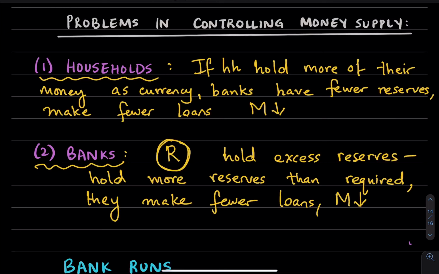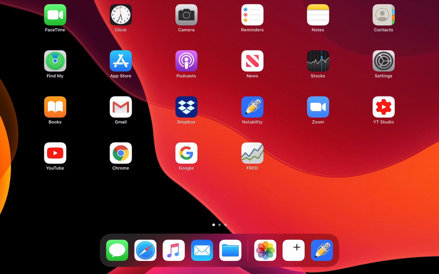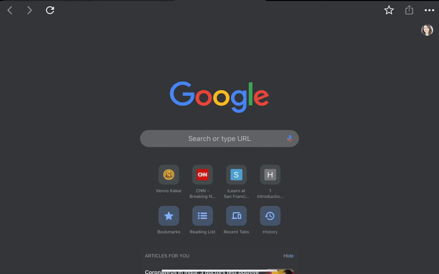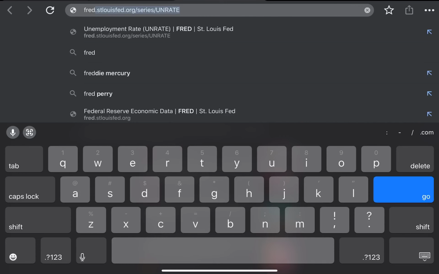So the Fed can compensate for household and bank behavior to retain a fairly precise control over the money supply. So they have all of these different tools that we had just described to affect money supply, but still they can't do so perfectly. Now, in the United States, we can see what is going on with excess reserves.